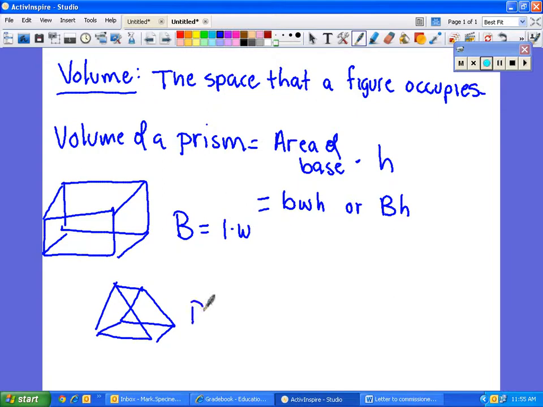And for the base of the triangular prism, what's the formula for the area of a triangle? 1/2 base times height. So you need to recognize both of these. You need to recognize how to find the area of the base of both a rectangle and a triangle because you're going to see both.